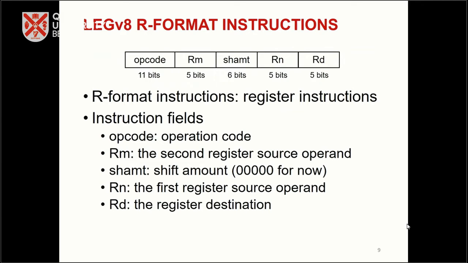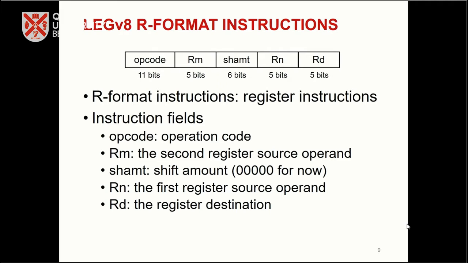So the first type of instruction is what we call R format instruction. The R stands for register. This format is for all the instructions which operate on registers, for instance, the addition we saw yesterday. So the operation code, the add, the sub, or the operation we are doing, is encoded using 11 bits.